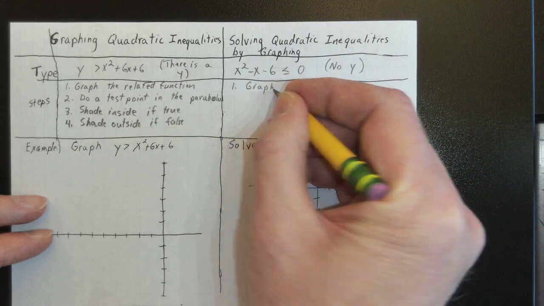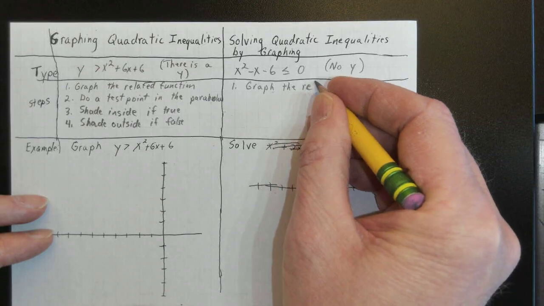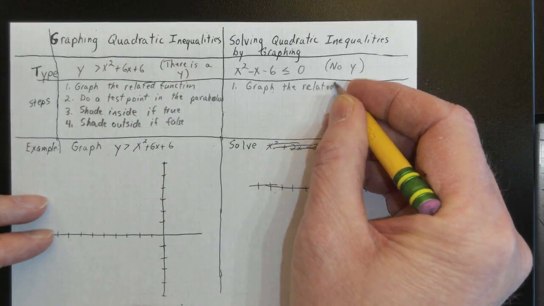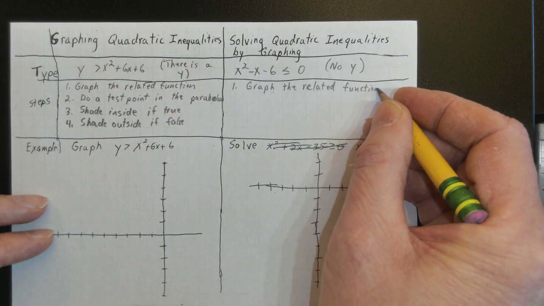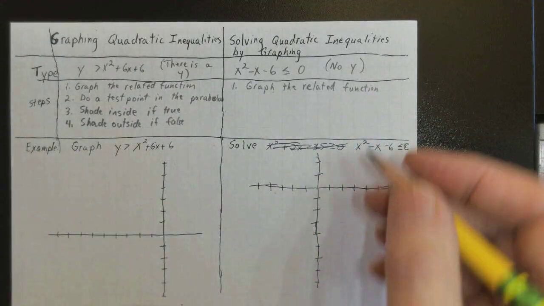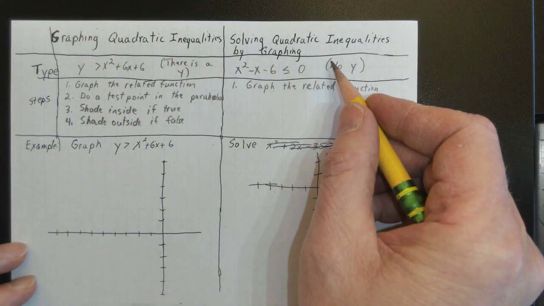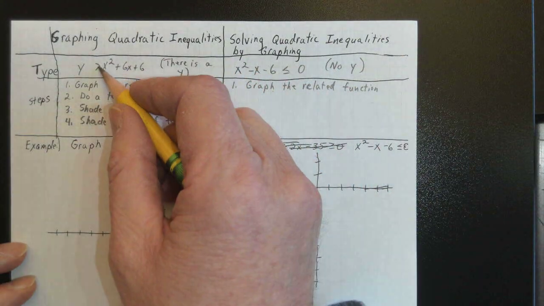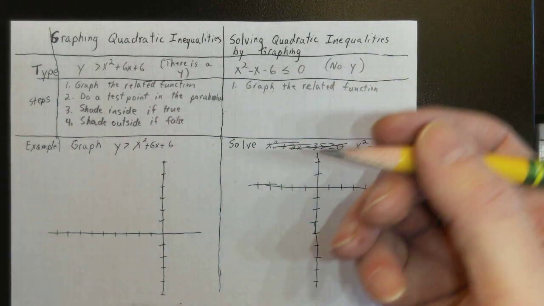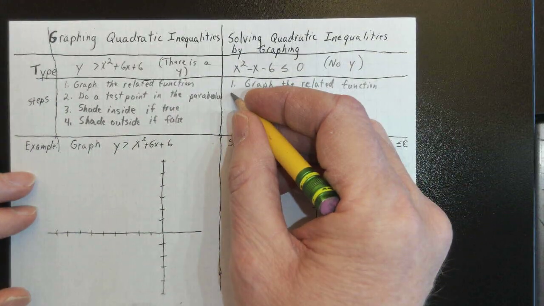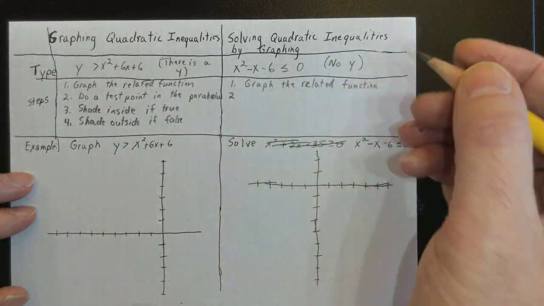The first thing is, we're still going to graph the related function. Okay, a function is not an inequality. A function has an equal sign in it. Inequalities have less than or equal to, less than, greater than or equal to, or greater than.